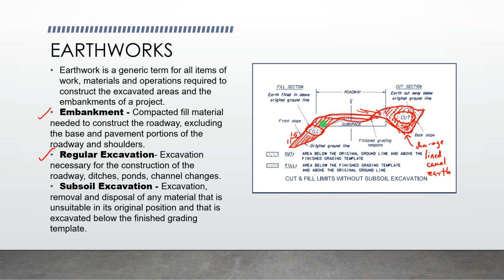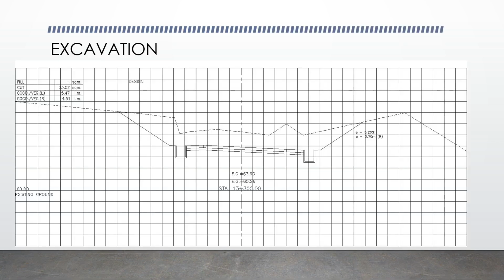So in fundamentals of surveying, we'll just focus on embankment and excavation. Usually in roadway design, there is a separate computation for subgrade preparation. But here we'll just study the fundamentals. So here's a sample cross-section of a roadway.